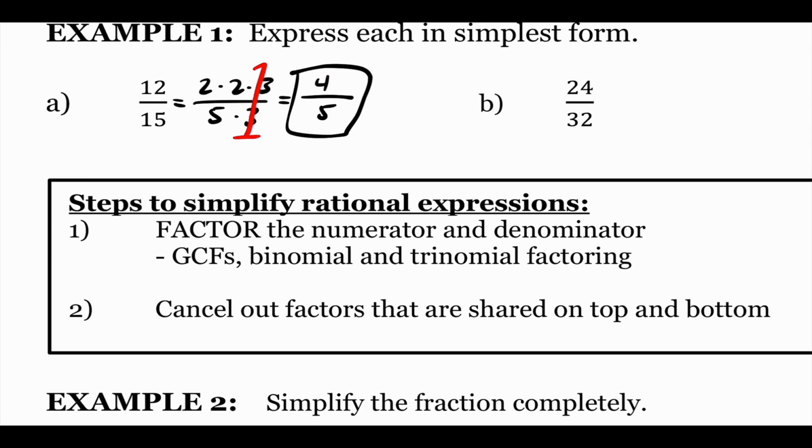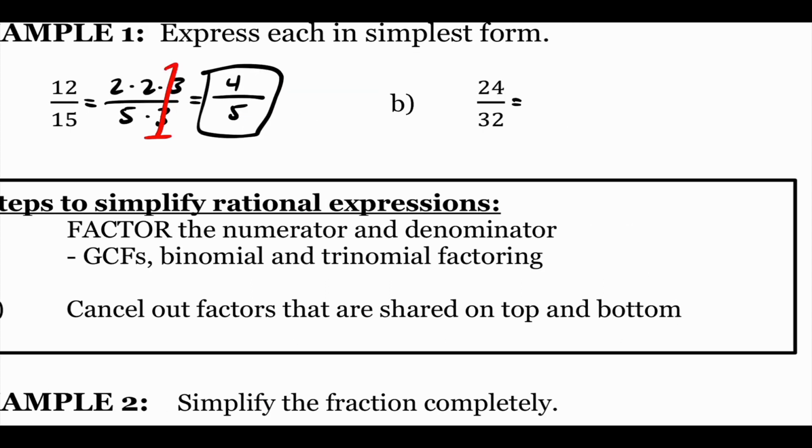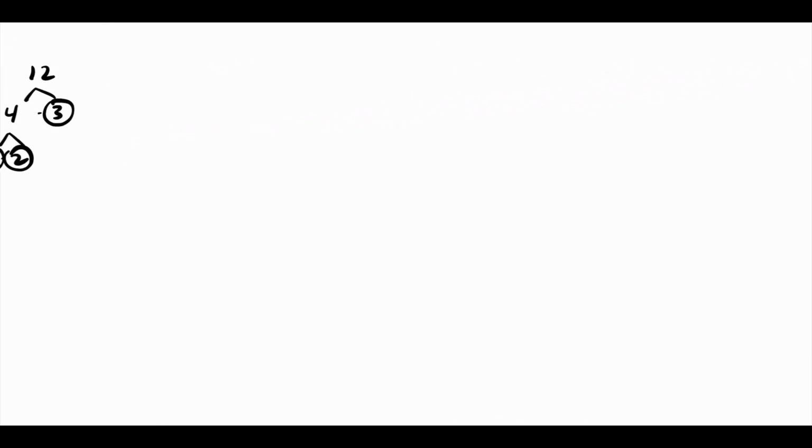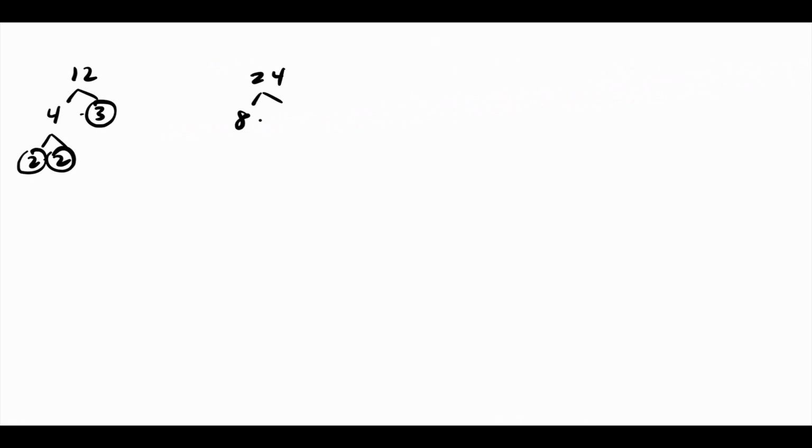So the same thing for 24. The first thing we're going to do is find the biggest number that goes into both. Some of you can do it in your head. If you can't, this is how I tell students. If you can't do that in your head, use these steps. Break down 24. 8 times 3 or 12 times 2 or 6 times 4.